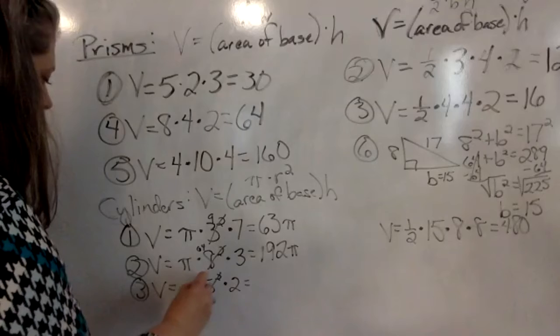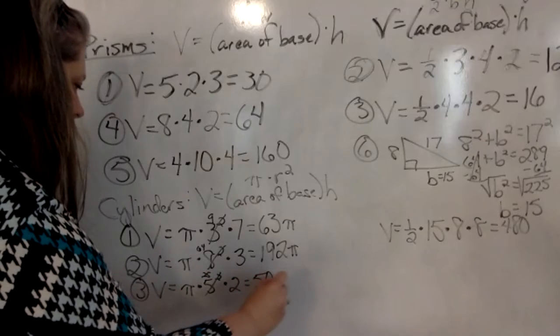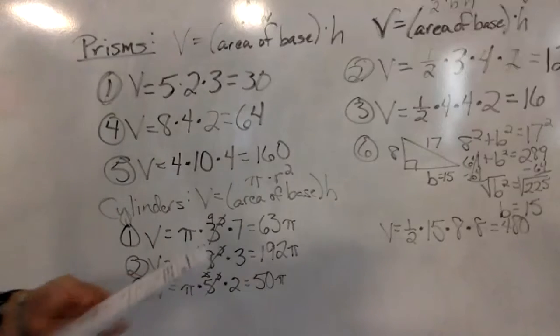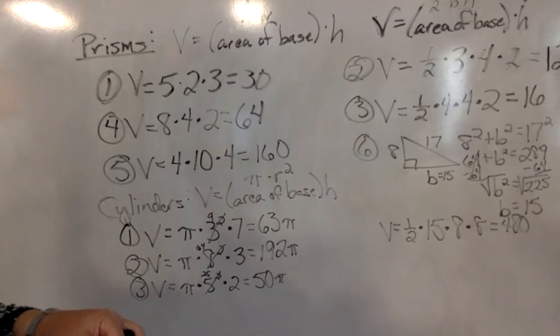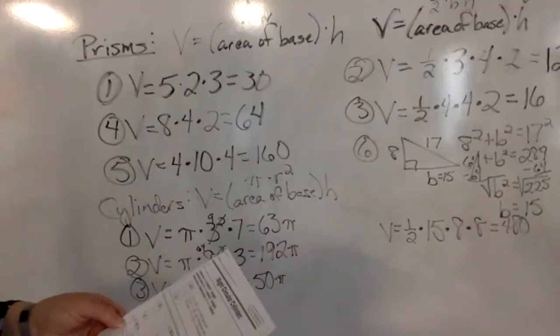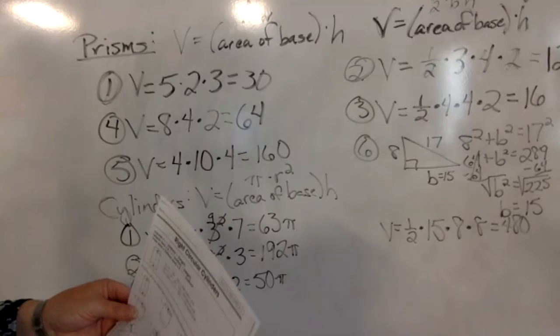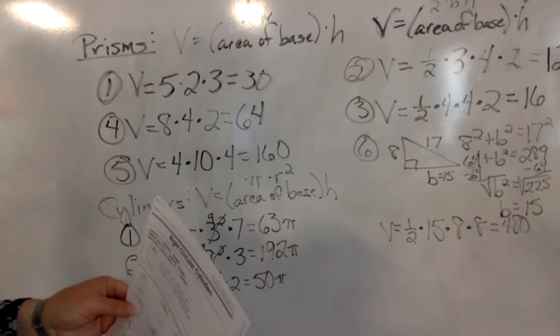So 25 times 2 is 50. So it's 50 pi. Okay? So you get the idea of these? So I'm just hearing the guys, girls, you all got this? Pretty easy? Yes. All right.